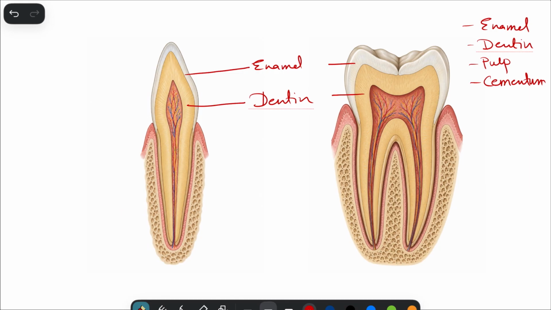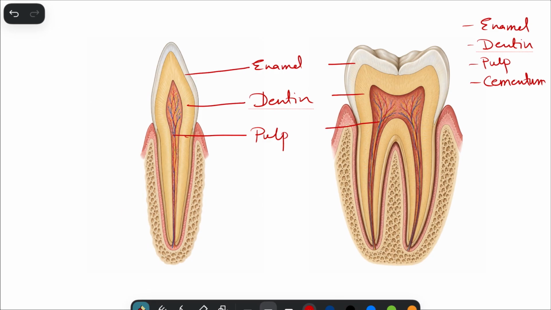Then we have our pulp. Pulp is the soft vital tissue present in the center of the tooth. It contains blood vessels, nerves, and connective tissues.